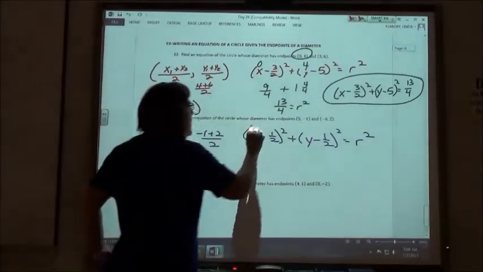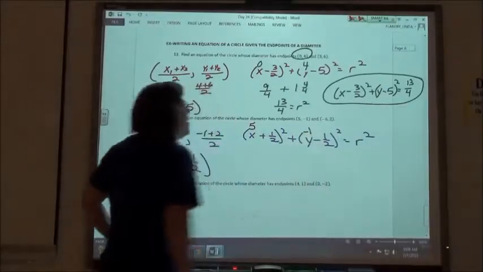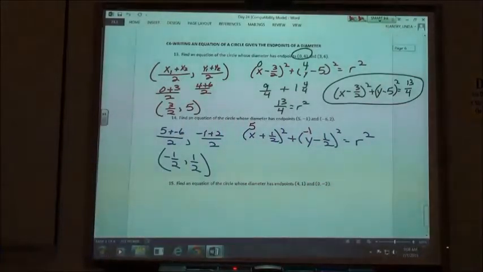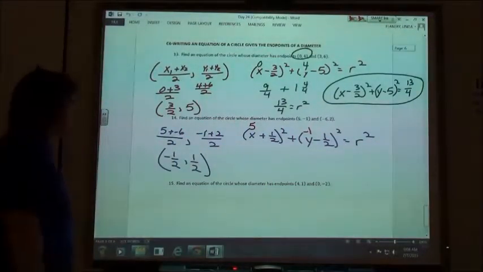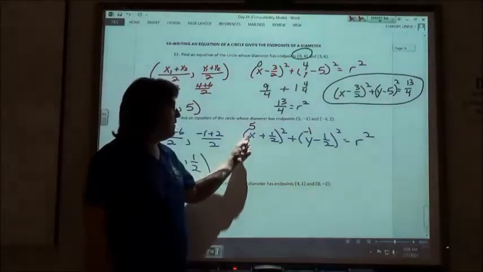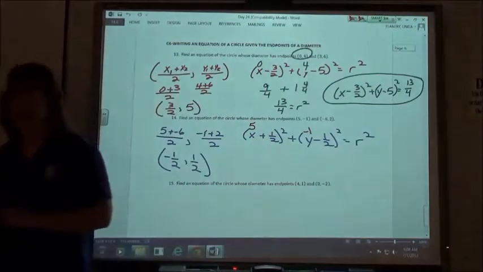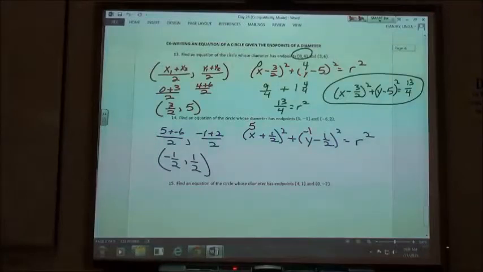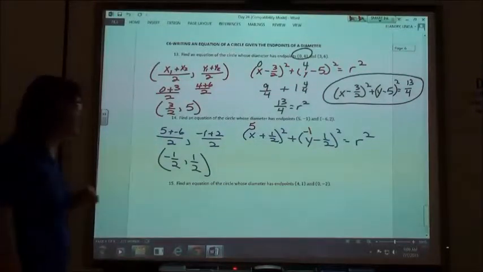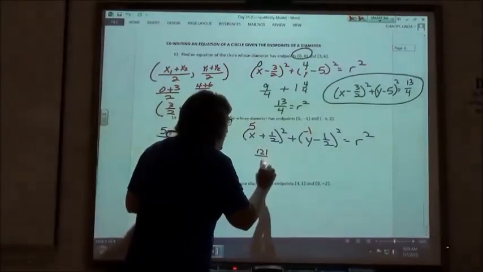And so if I use the 5 and the negative 1 in for my x and my y, 5 plus 1/2 would be 11 halves, and if I square 11 halves, I get 121 over 4.